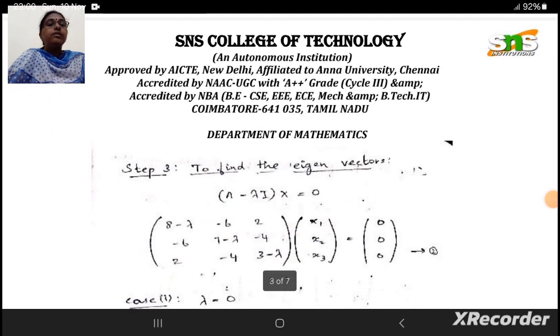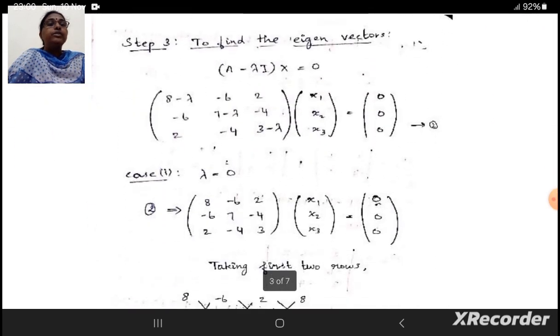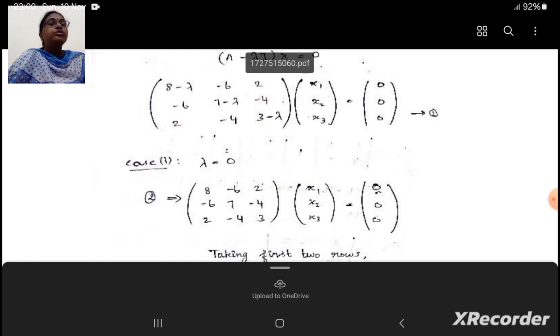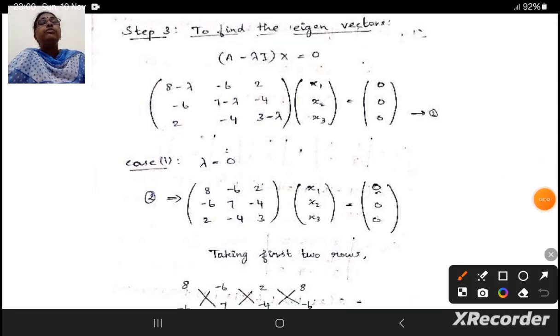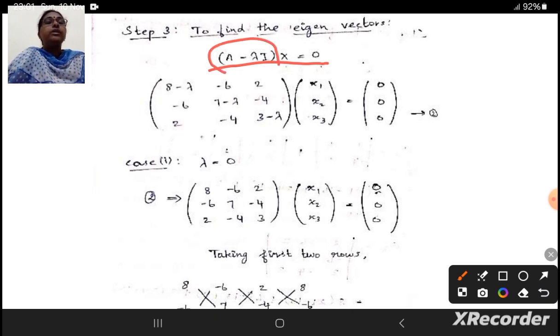Next we calculate the eigenvector for the corresponding lambda values. The general equation for the eigenvector is A minus lambda I into X equal to 0. In A minus lambda I, only the diagonal has the minus lambda, so we get 8 minus lambda, 7 minus lambda, 3 minus lambda.